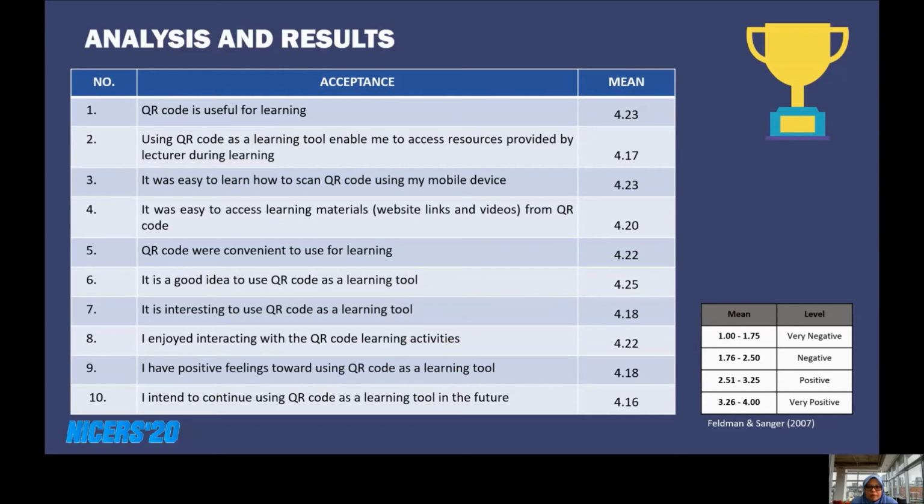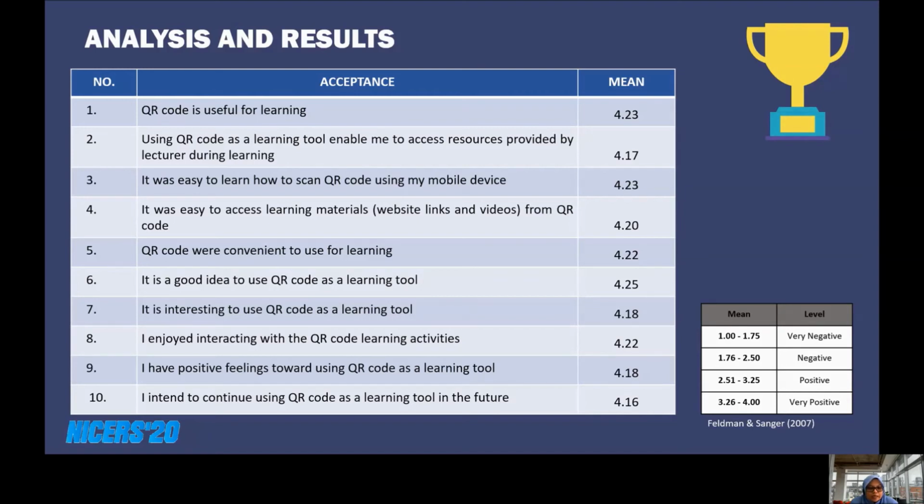According to Feldman and Sanger, 2007, the mean interpretation level is 1 to 1.75 is very negative, 1.76 to 2.5 is negative, 2.51 until 3.25 is positive, and 3.26 until 4 is very positive.